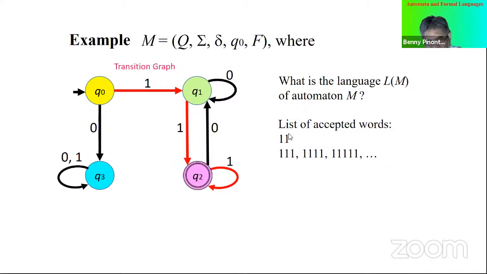Only a single 1 is not accepted, because you start here, take that one 1, and arrive in Q1, which is not a final. So that is not accepted. If you arrive in a state which is not a final, then that word is not accepted.